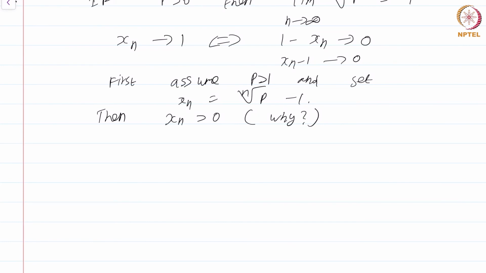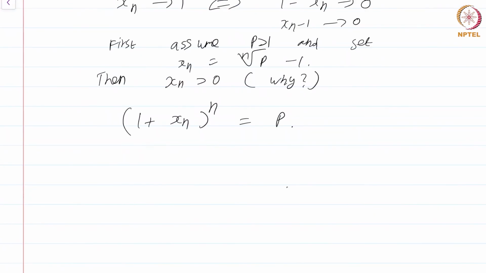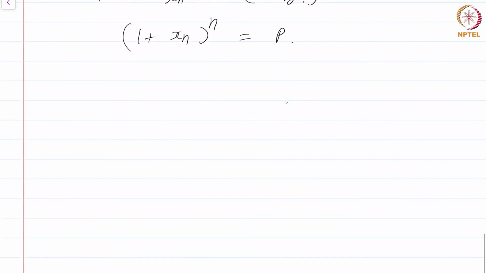Now what do I do? How do I approach this? Well, observe that (1 plus xn) the whole power n is nothing but p. Again, by the binomial theorem, we can write 1 plus n xn is less than or equal to (1 plus xn) the whole power n, which is equal to p.